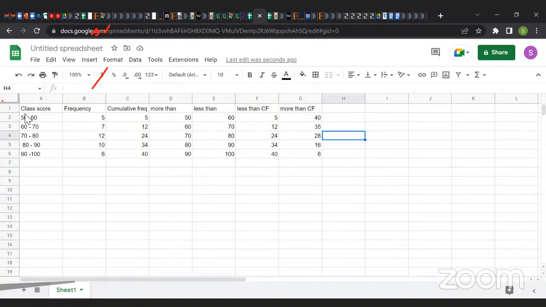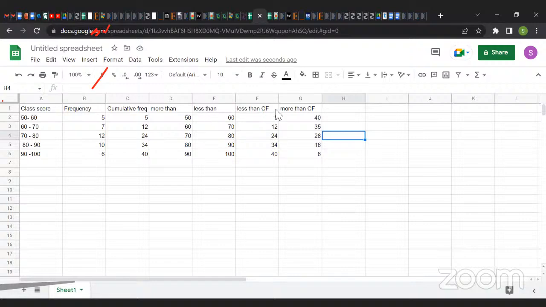So the smaller number on the left side, we'll put as more than. So we said the students who got more than 50, more than 60, more than 70, more than 80, more than 90. Or we can put the students who got less than 60, less than 70, less than 80, 90, 100 here. So we have it like this: for more than, the small numbers; for less than, we took the bigger end number, okay?